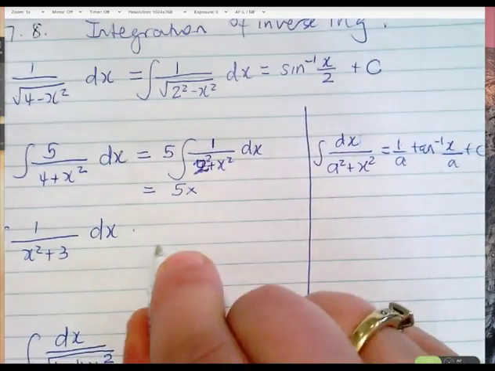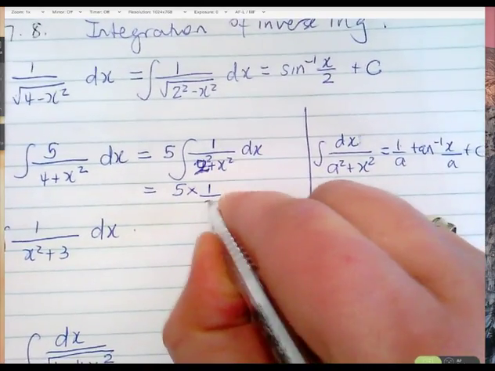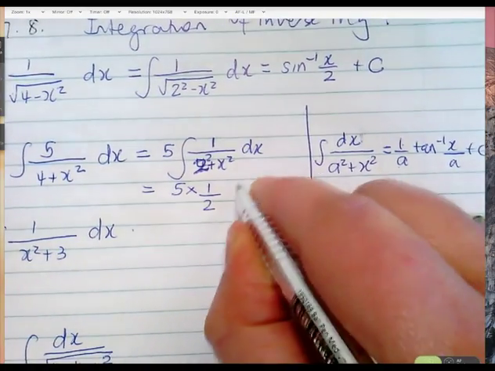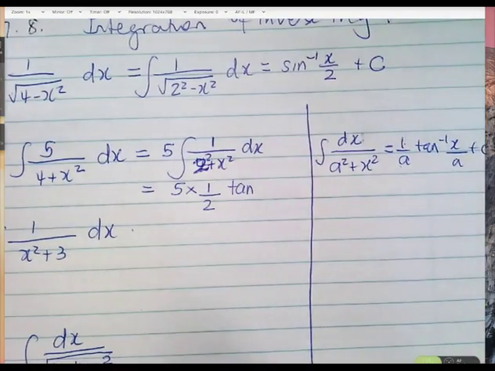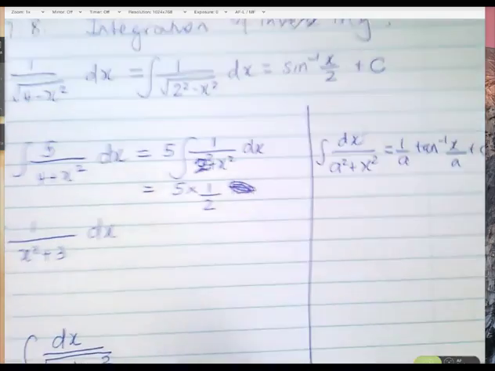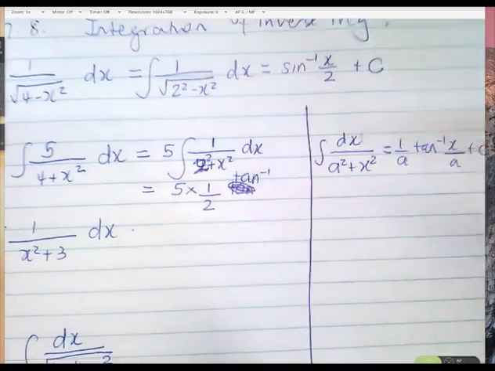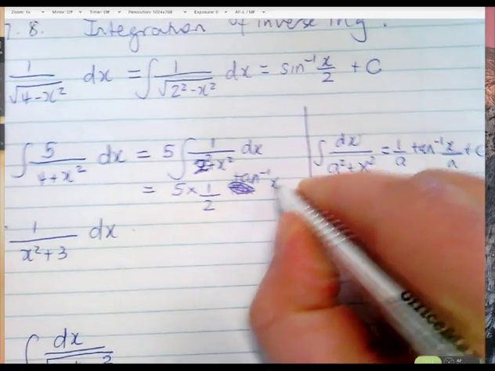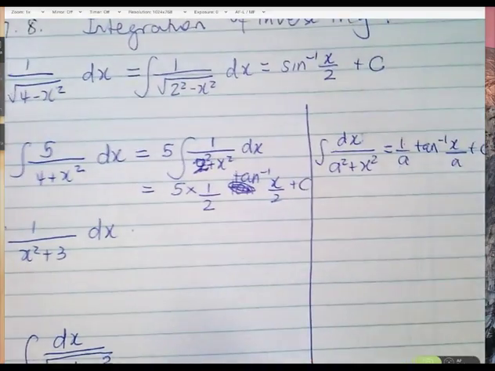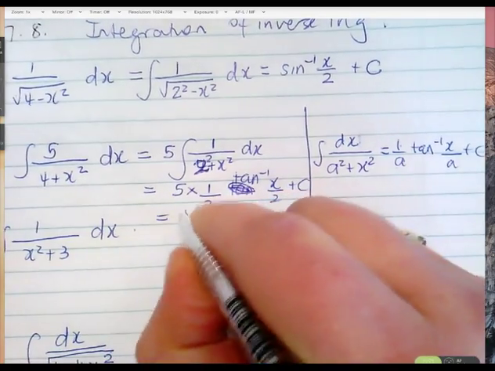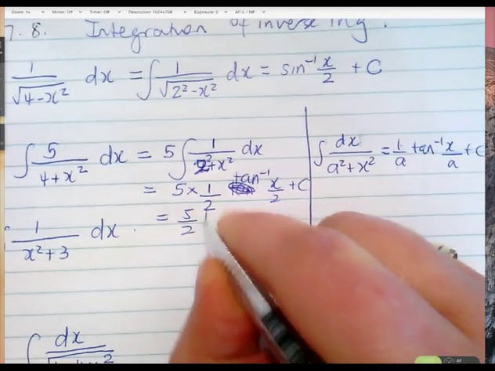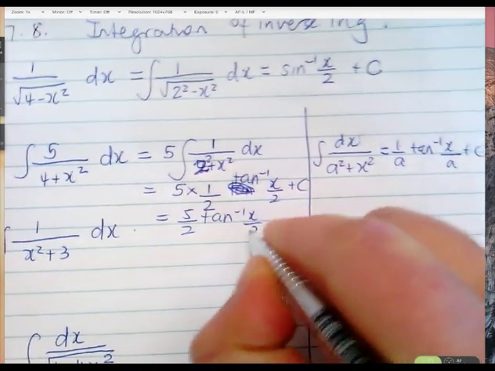So it's going to be 5 times what? 1 over 2, yeah, inverse tan of x on 2 plus c, which becomes just 5 on 2 inverse tan of x on 2 plus c.